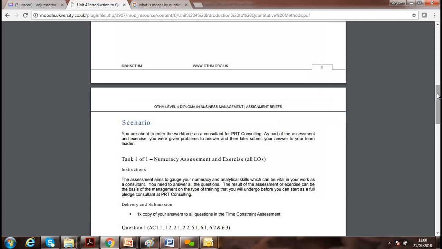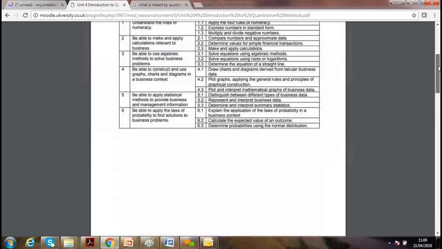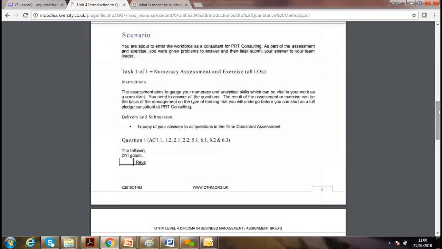You're about to enter the workplace as a consultant, and as part of an assessment exercise, you're given a problem to answer. Yes, this one you're talking about? Yes, sir. It says in the statement under delivery and submission, one copy of your answers to all questions in the time constraint assessment.